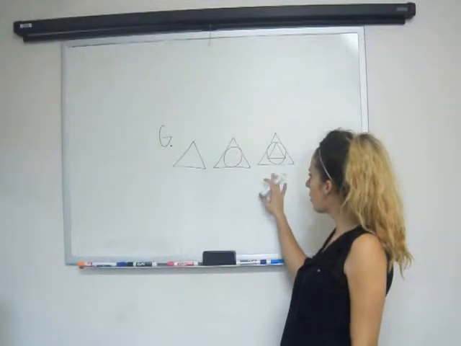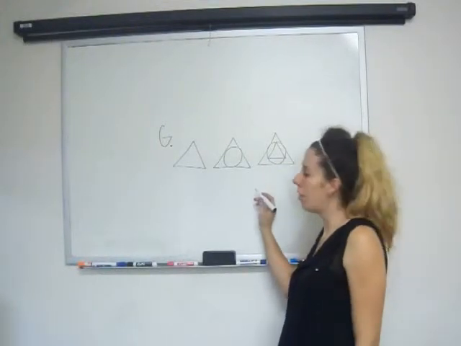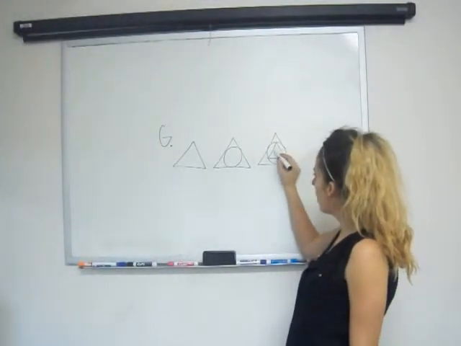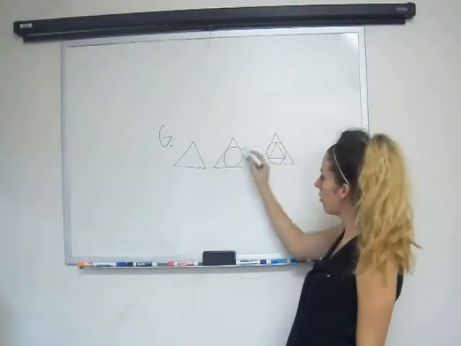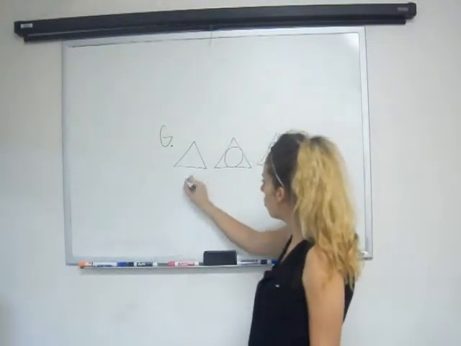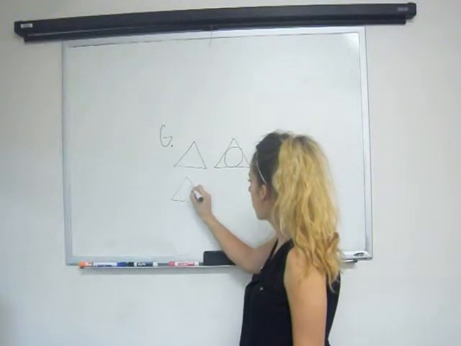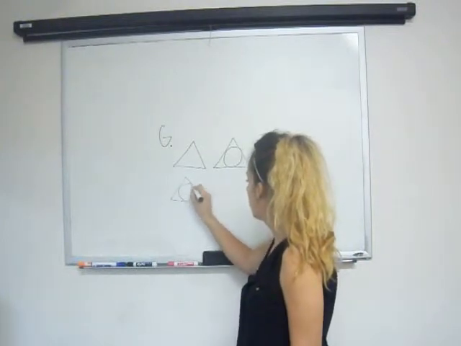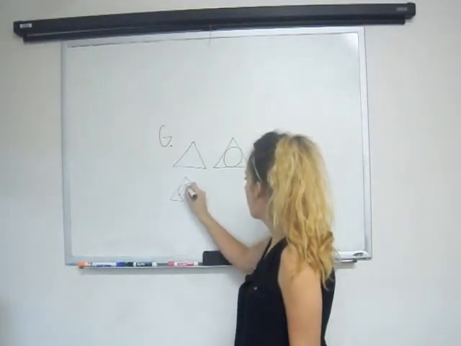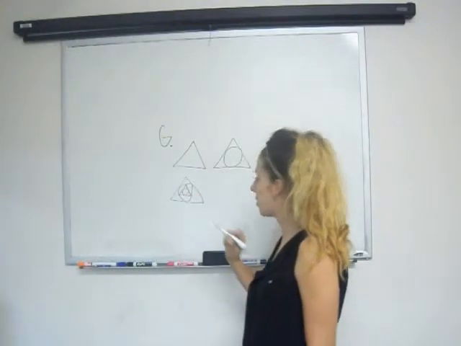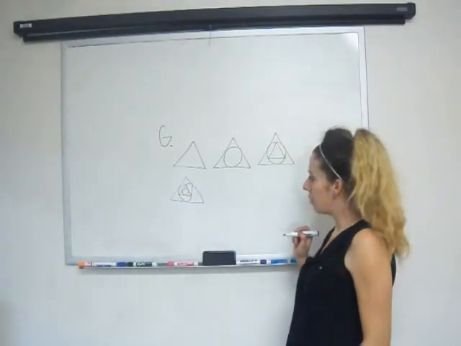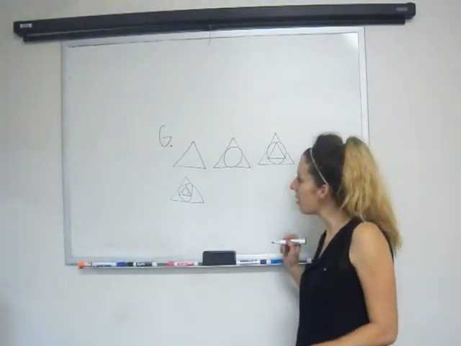And so looking at this, I'm going to guess that our next pattern is going to have a circle inside the triangle, just how this one did here. So our next term looks like circle, triangle, circle. It's going to get a little bit small, so hopefully you guys think the same as me.